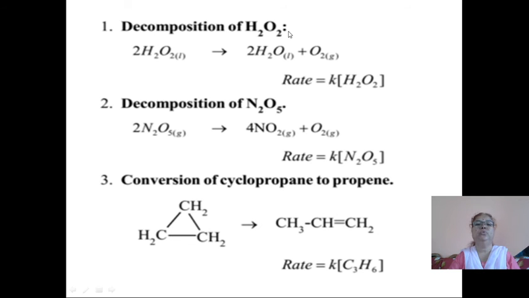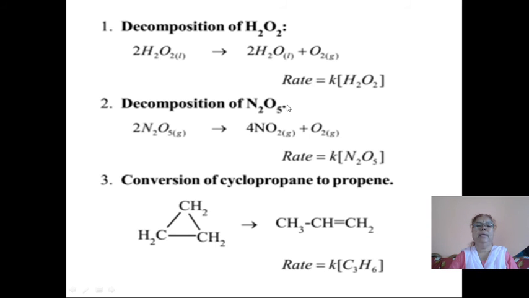Hydrogen peroxide decomposes into water and oxygen, and the rate of this reaction depends on the concentration of hydrogen peroxide. So it is a first order reaction.